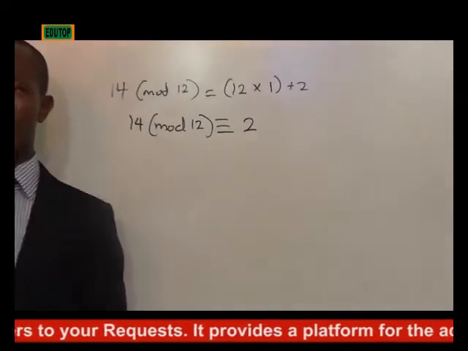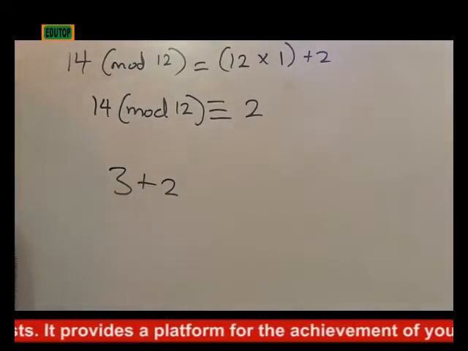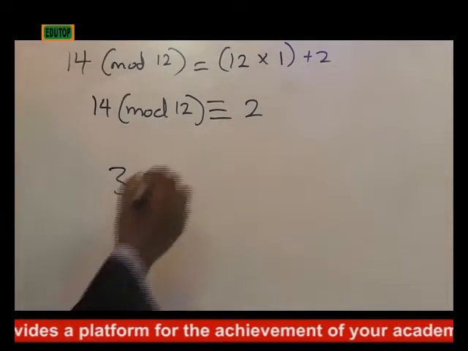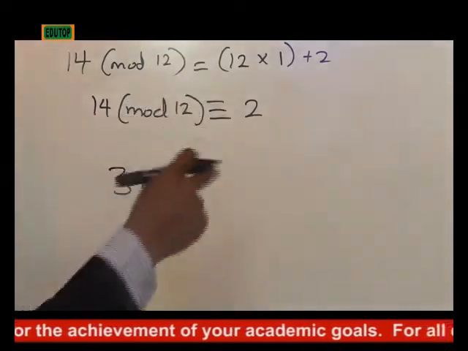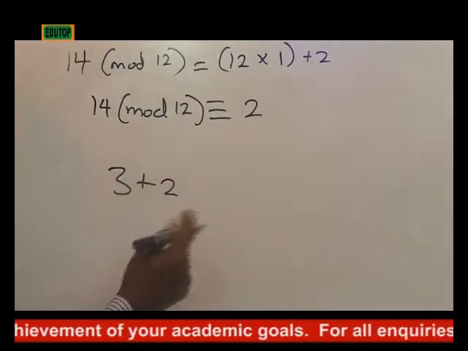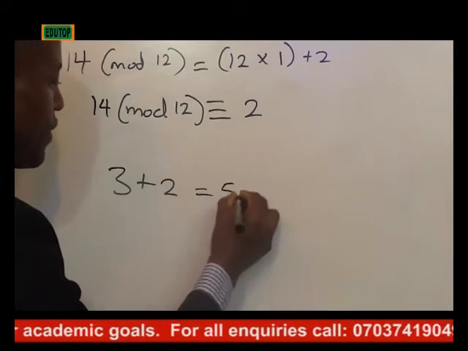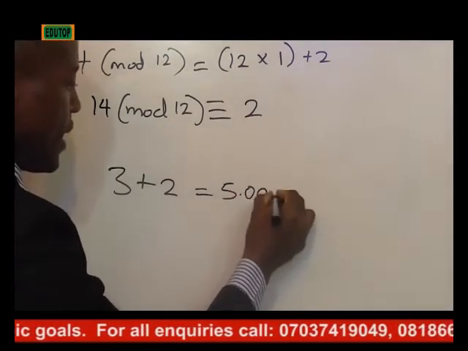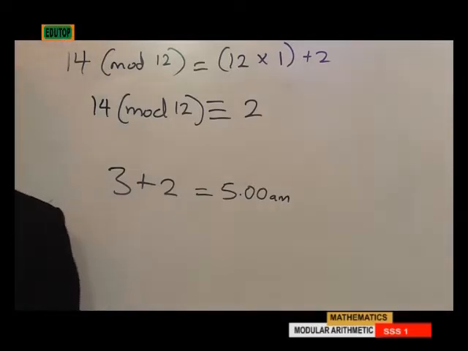So we can just say 3 plus 2. Since it is 3 PM, by the time we move around the clock once, it will change to AM. So 3 plus 2 is equal to 5 AM, just as we have in our slide.